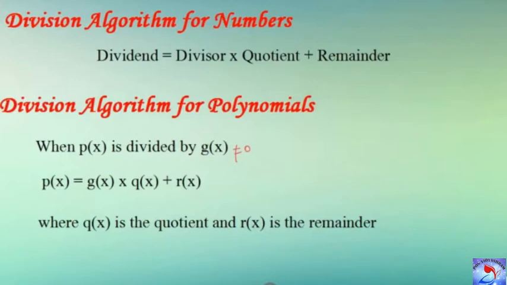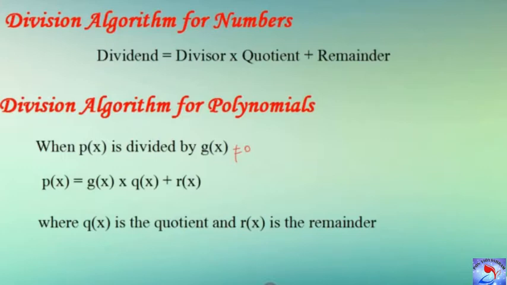If you have a polynomial p of x divided by a non-zero polynomial g of x, then as per the previous statement, we can write p of x as the product of g of x and q of x, which is the quotient, plus r of x, which is the remainder.